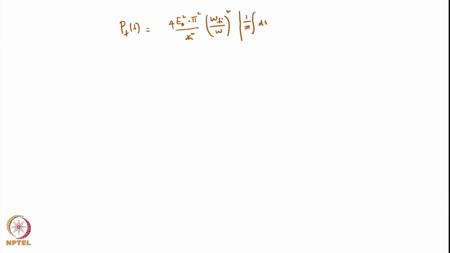So 1 over 2 pi integral dt from minus infinity to plus infinity e to the power of i (omega fi plus omega) t, plus 1 over 2 pi integral from minus infinity to plus infinity dt e to the power of i (omega fi minus omega) t, whole square, epsilon dot mu fi whole square.